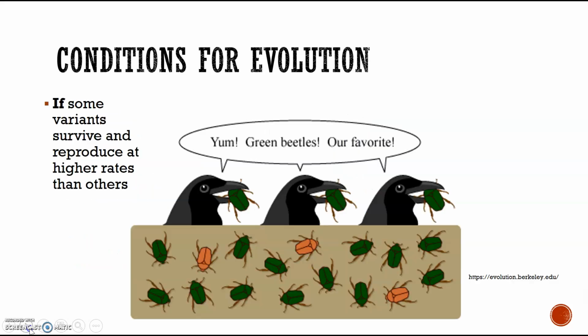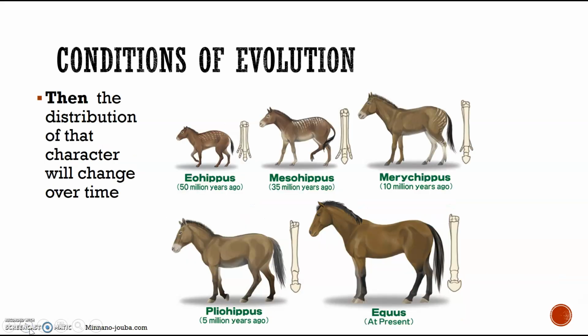If that's true, and if some of those variants survive and reproduce at higher rates than other variants do, so in this case, we've got birds that are preying preferentially on the green beetles, so we would presume that the orange beetles are going to become much more common and survive and reproduce. Then the distribution of that character will change over time, right?